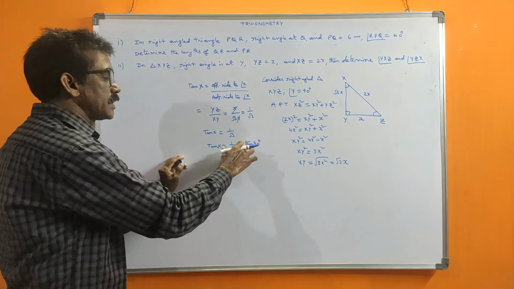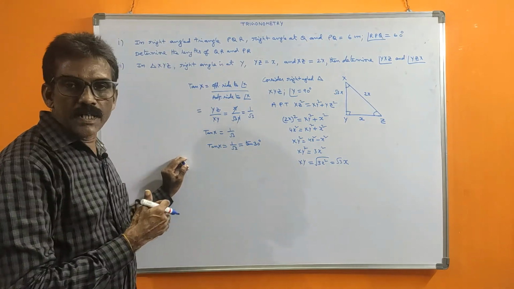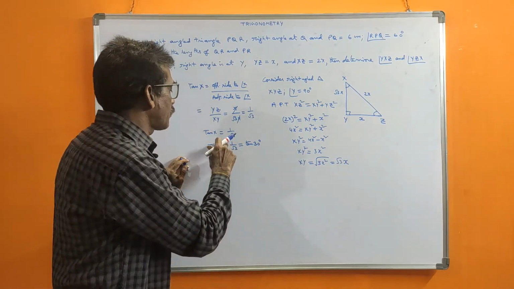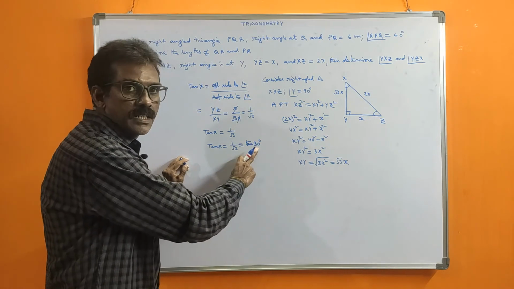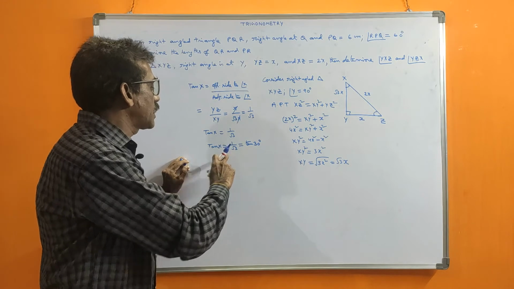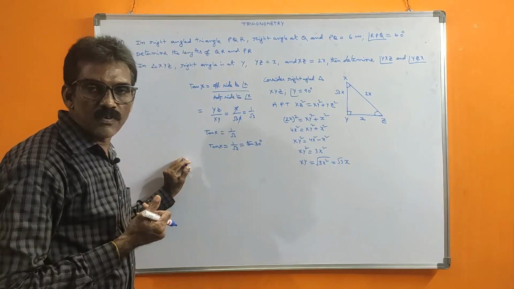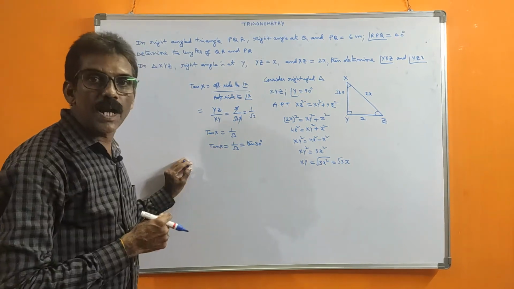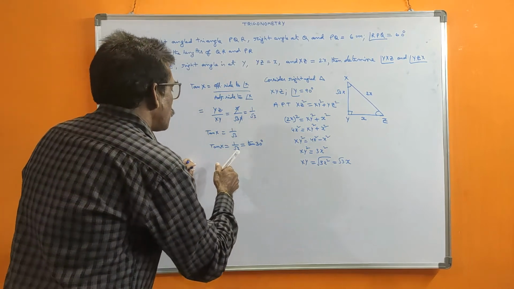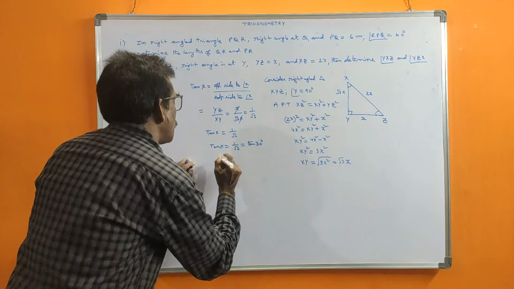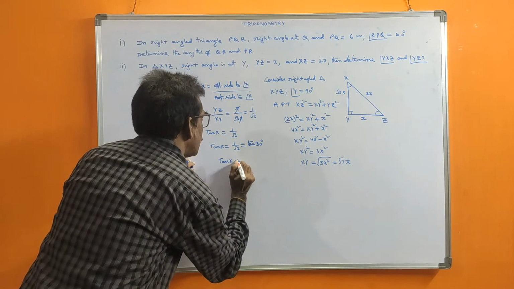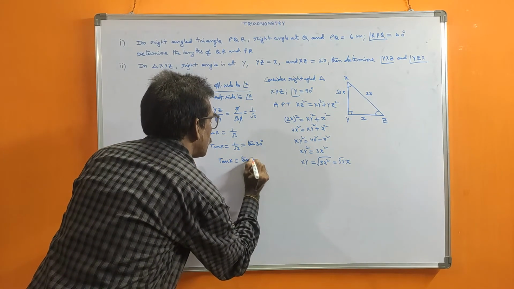Identities mean wherever 1 by root 3 is there, you can write tan 30, and wherever tan 30 is there, we can write 1 by root 3. Wherever you want, you can substitute identities. So this value is 1 by root 3 and this value is also 1 by root 3. These two are the same, so tan X is equal to tan 30 degrees.